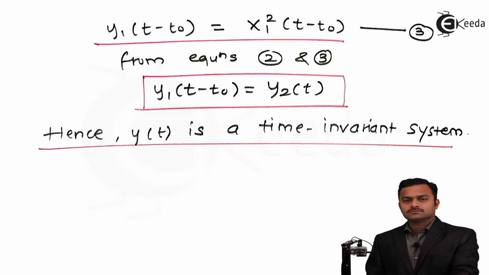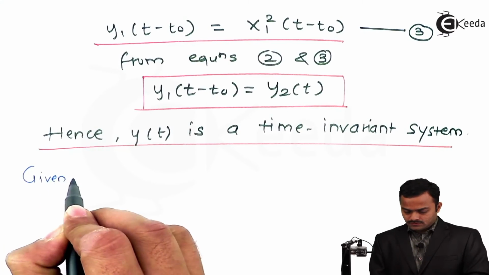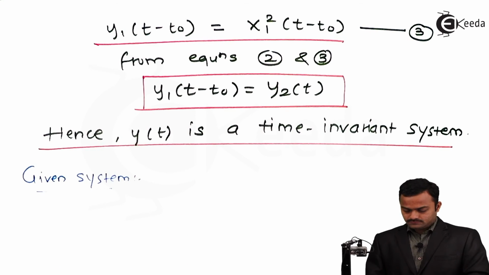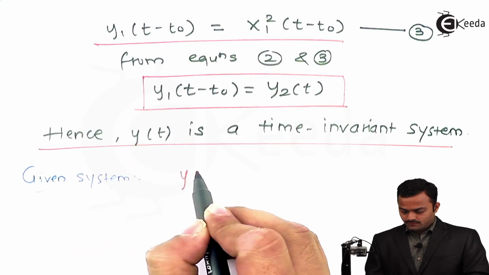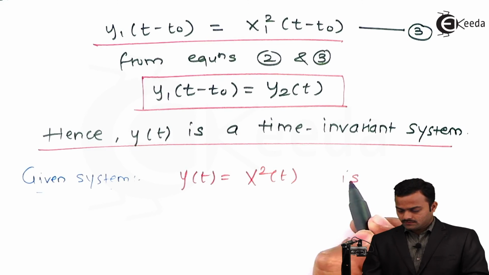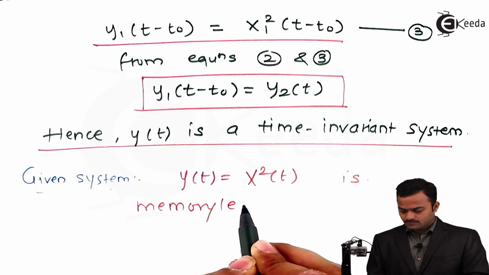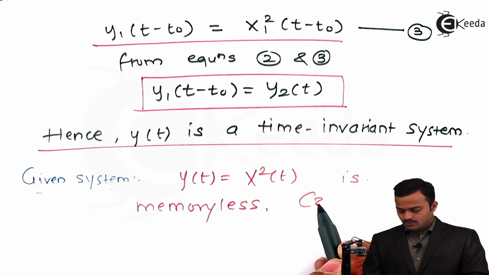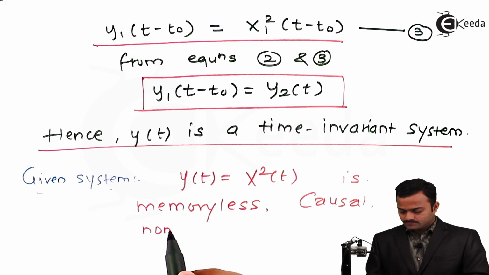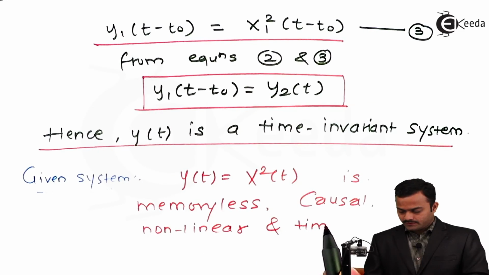So as far as the conclusion goes, let's discuss the given system. The given system, y of t equals x square t, is memoryless, is causal, but it is non-linear and time invariant.